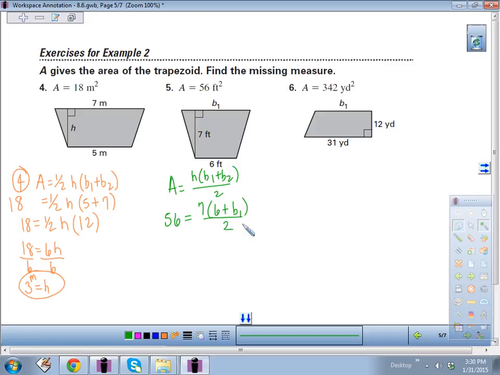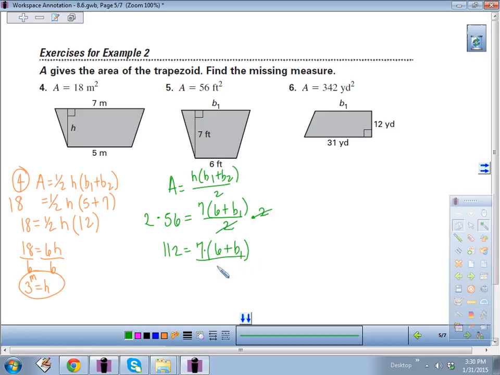Now, to get rid of the fraction, we'll multiply by 2 on both sides. So we get 112 equals 7 times the quantity, 6 plus base 1. My 2's ended up canceling here. From there, we can now get rid of this 7, because the 7 is multiplying to this quantity.